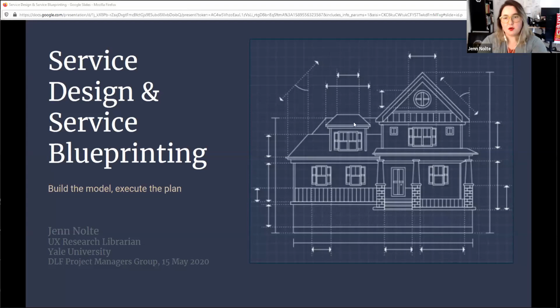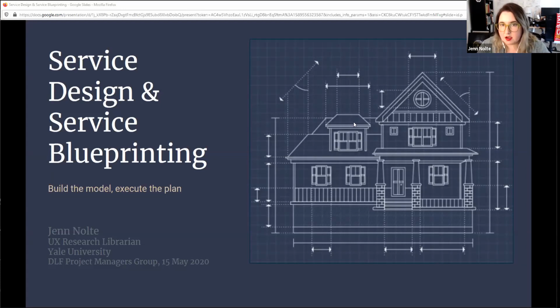All right. So my colleague, Anu Paul, who is a member of the project management group for part of DLF, asked me to do a quick presentation on service design and service blueprinting.